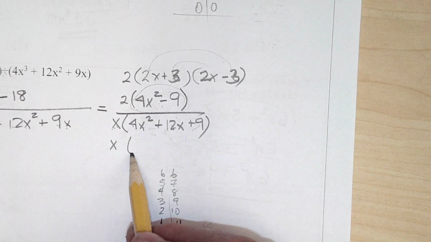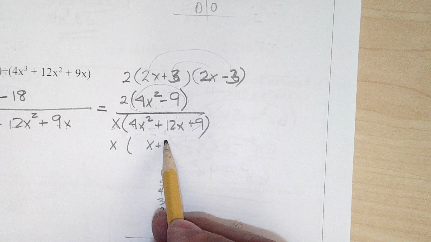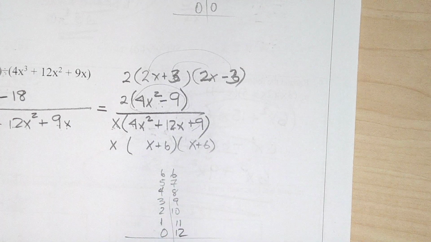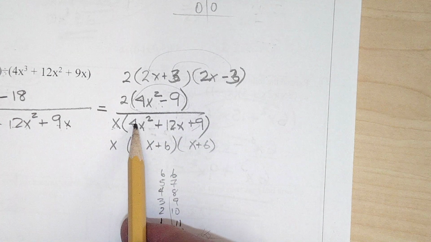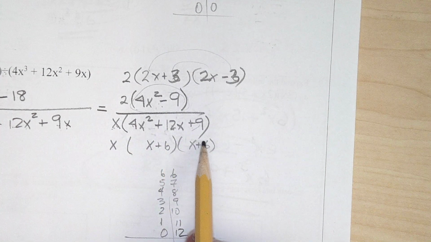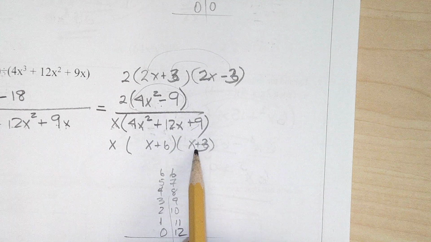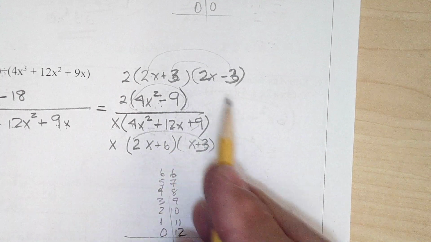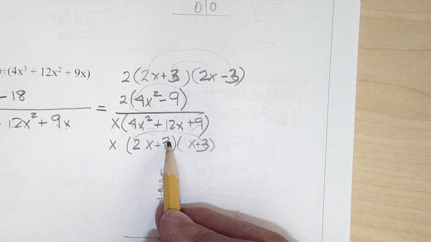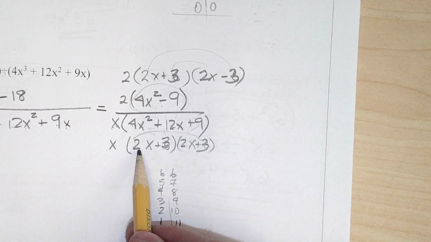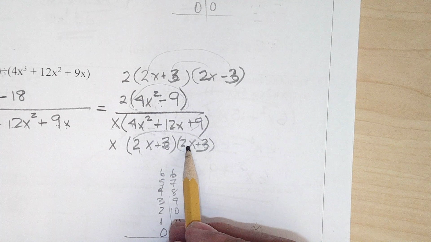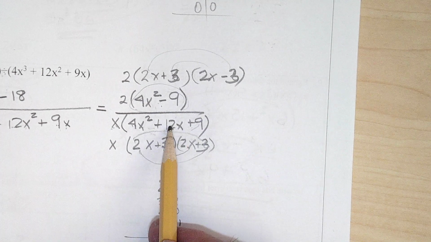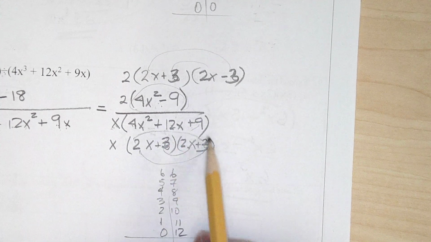So I got x plus 6, x plus 6, but I need 4, so I'm going to divide this by 2 and leave it a 3 and put the 2 over there, so this is still 6x. And then divide this by 2 and leave it a 3 and put the 2 over there, so now I've got 4x squared, and I've got 6x and 6x is 12x, and 3 times 3 is 9.